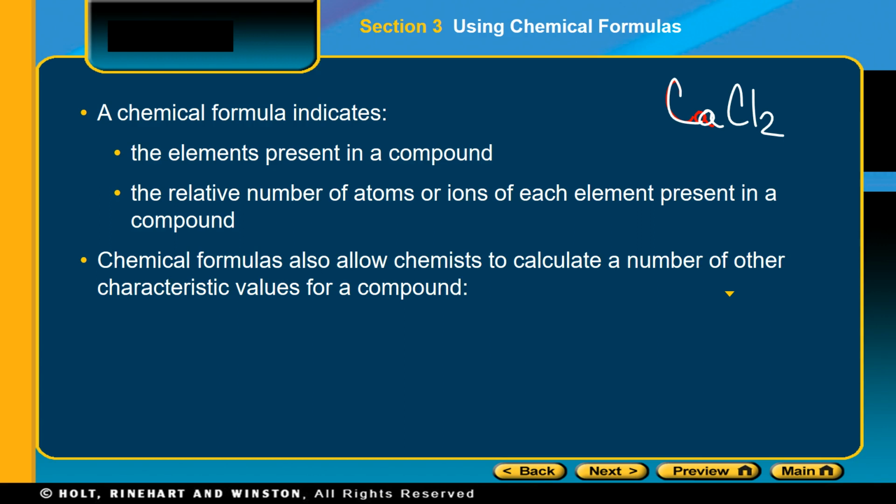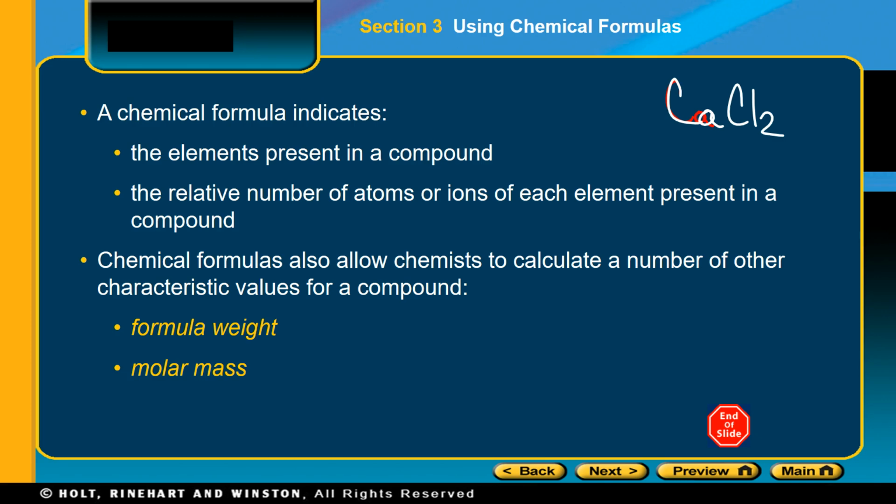Ionic compounds are always between a positive and negative ion. Chemical formulas allow chemists to calculate a number of other characteristic values for a compound.